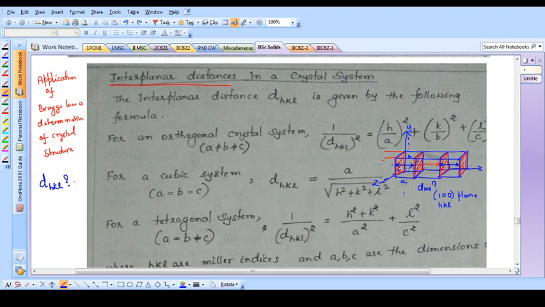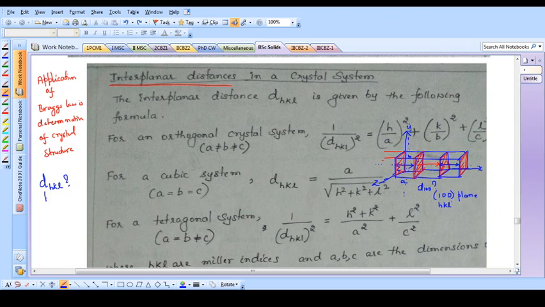The answer is yes, we can derive them. There is a very definite formula through which we can calculate DHKL. As I already told, we need not derive this equation, we will directly use the equation. The distance between two HKL planes depends on two things.